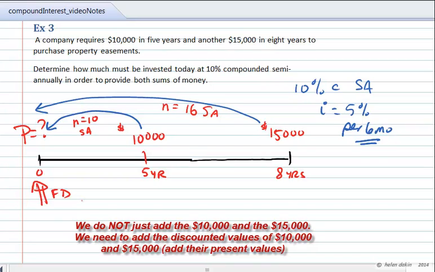So now we can say that the principal is equal to the discounted value of the $10,000. The $10,000 needs to be discounted at 1 plus 5% per semi-annual period for negative 10 semi-annual periods.